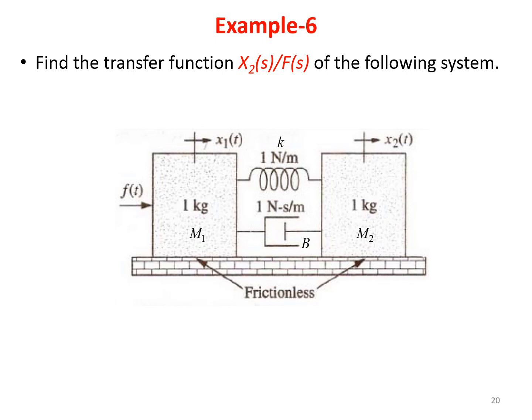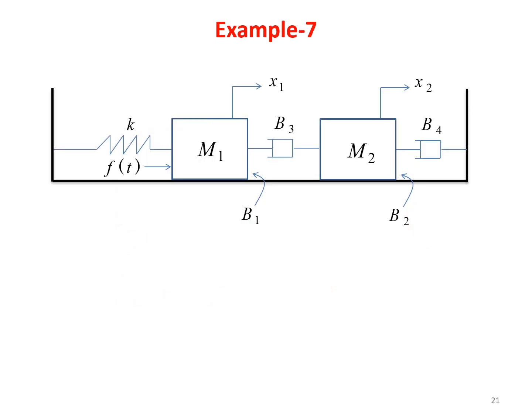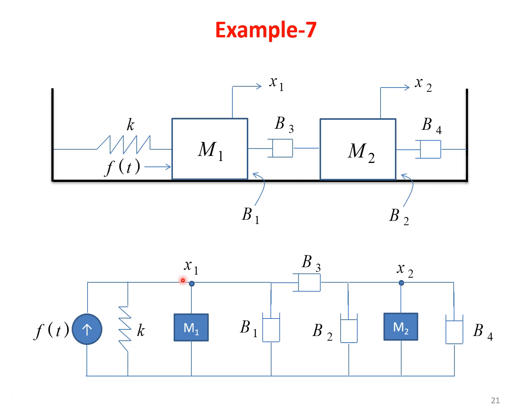Here we are supposed to find the transfer function x2(s) by F(s) for the translational system, and this is the mechanical network we have for the displacements x1 and x2.